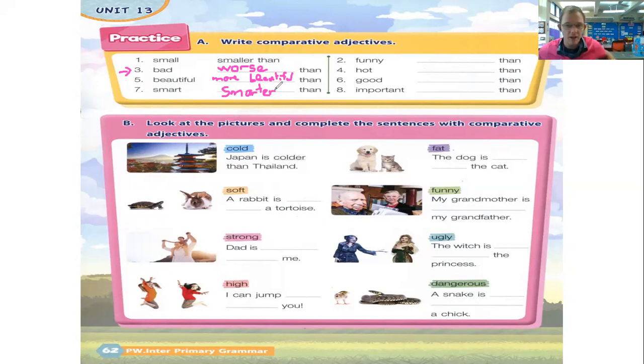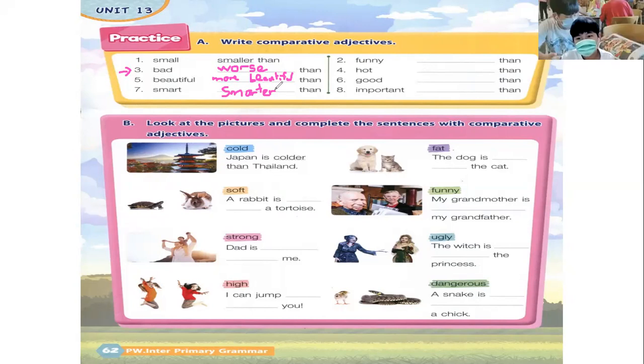Okay, I hope everyone is listening. We're not having too much to do before we finish off, so let's pay attention here for the last few minutes. The next one is funny. Funny has 2 syllables. Funnier.